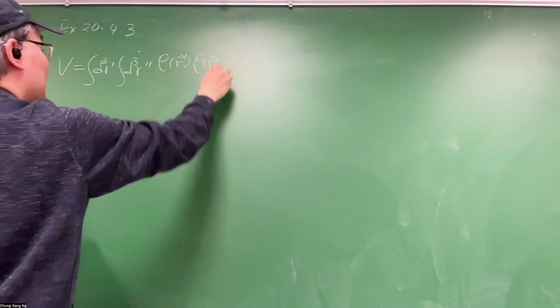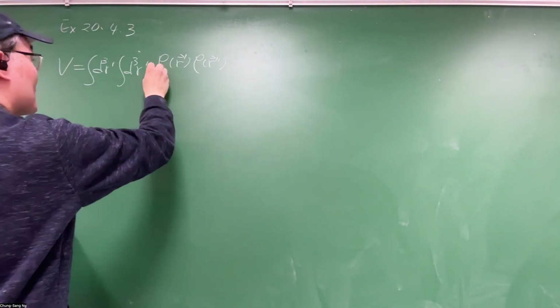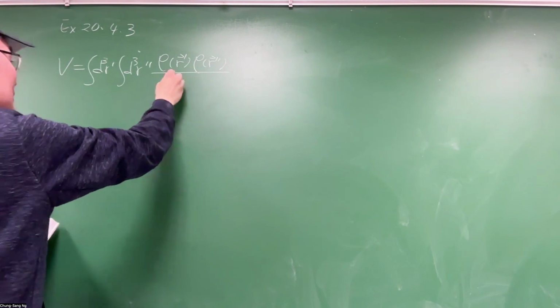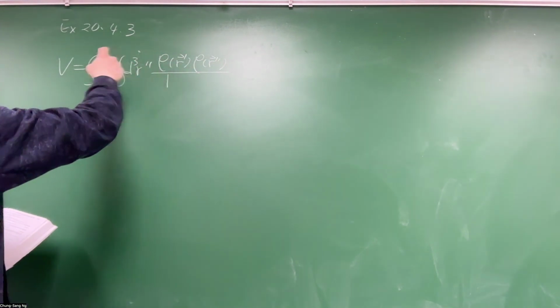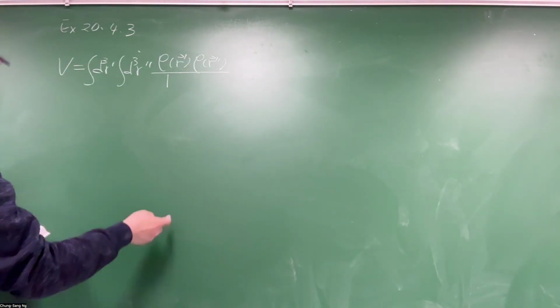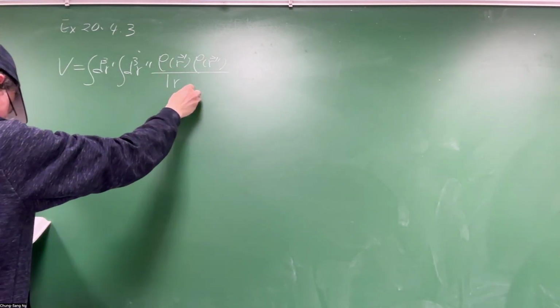Consider these rho are the charge density. And the Coulomb potential between them: charge density multiplied by volume is charge, so multiplied by two charges and divided by the distance.